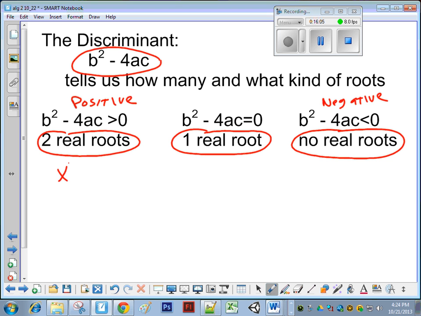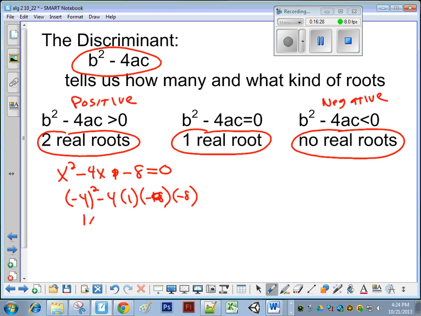If we have x squared minus 4x minus 8 equals 0, my discriminant is just going to be b squared, or negative 4 squared, minus 4 times 1 times negative 8. So I have 16, negative times negative is positive, plus 32. I get a positive number, 48. So I know I'm going to get two real roots.